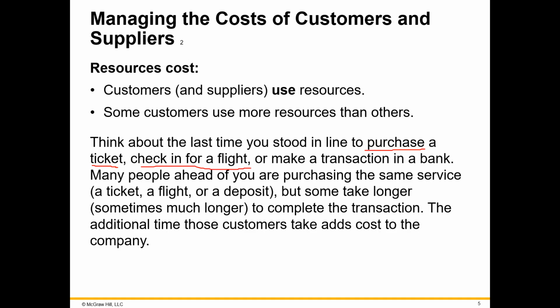Or when you make a transaction in the bank, you're going to have a teller at the bank that'll facilitate that transaction. Some customers that go to the bank more often than others are going to consume more of that bank's resources. Or someone who stands in line to purchase a ticket is going to consume more resources than someone that just buys those tickets online.